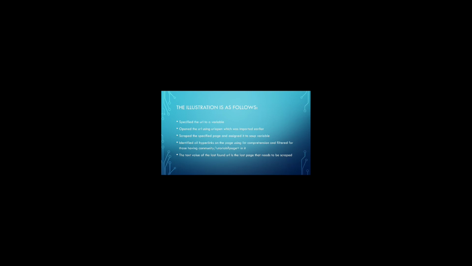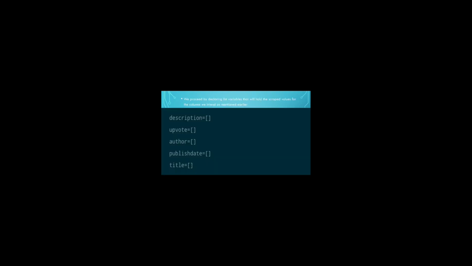The text value of the last found URL is the last page that needs to be scraped. And we proceed by declaring the list variables that will hold the scraped values for the columns we intend, as mentioned earlier: description, upvote, author, publish date and title.